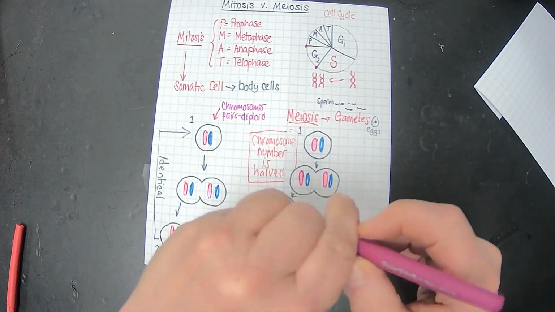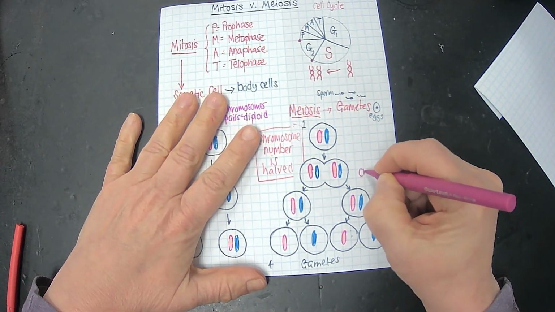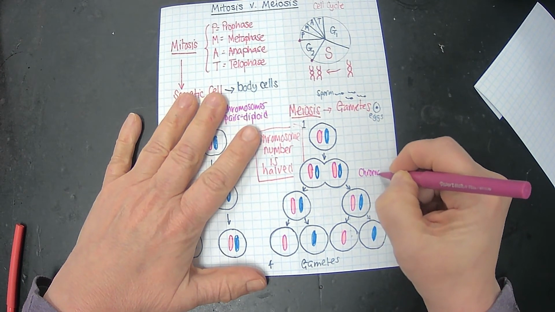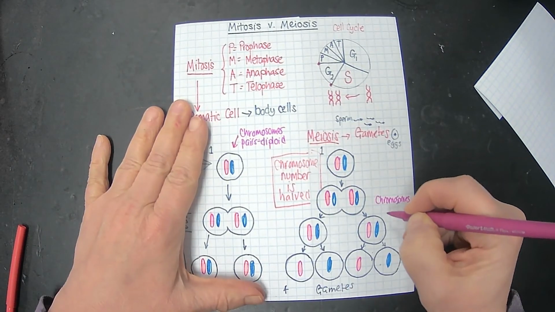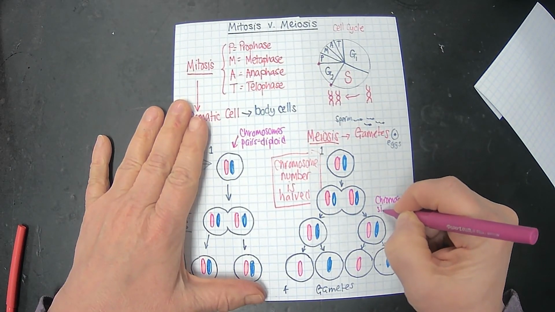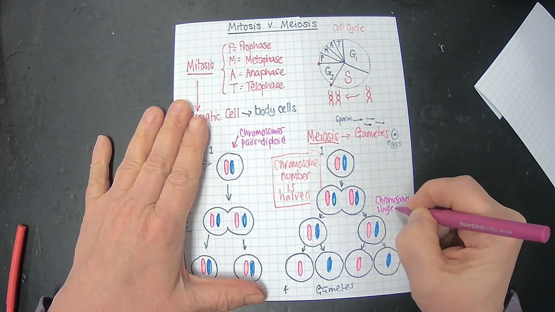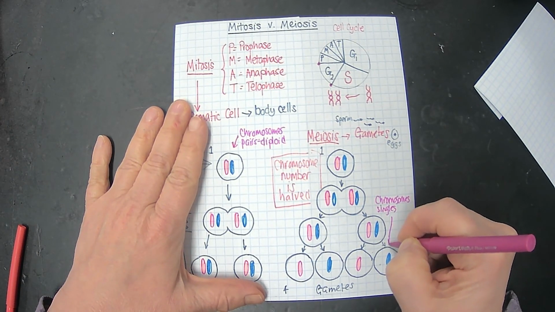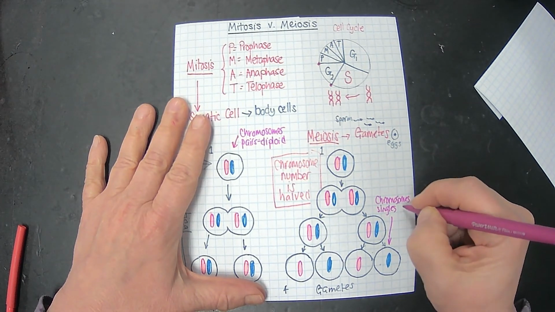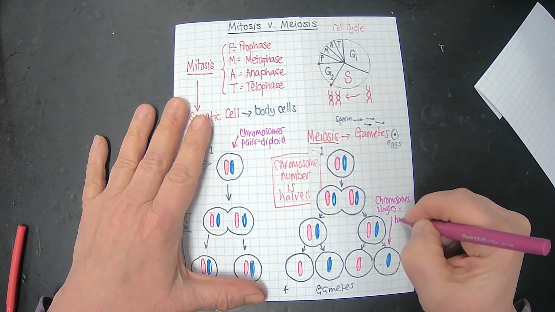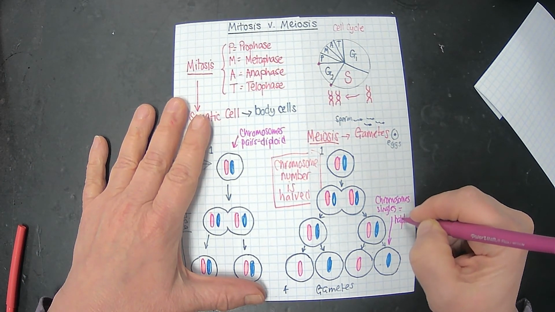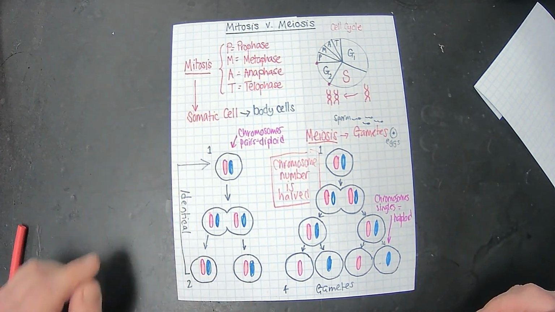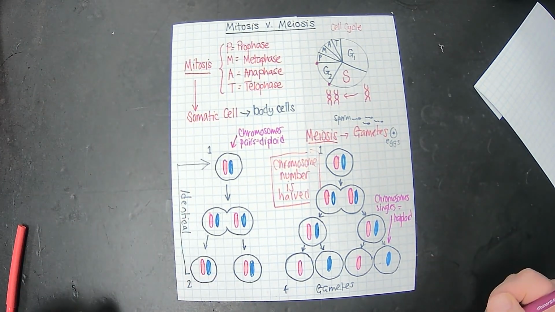But over here, you will see the chromosomes are singles. Down there. Okay, the chromosomes are singles. That is called haploid. H-A-P-L-O-I-D. Right? Haploid. Or halved.